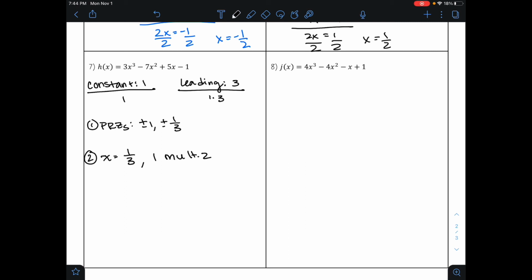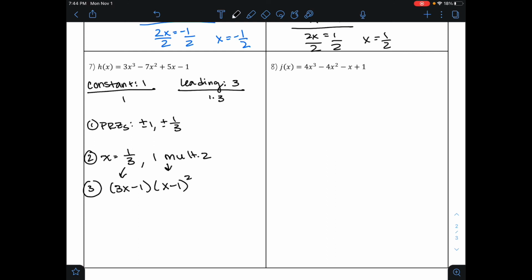That's where it touches and turns around. If 1/3 is a 0, then that means 3x minus 1 is a factor, because you would have to add 1 to both sides, which would give you a positive 1 here, and then you would divide by 3, giving you the positive 3 down here. And then if 1 is a 0, then that means x minus 1 is a factor. It has a multiplicity of 2, so that is squared.